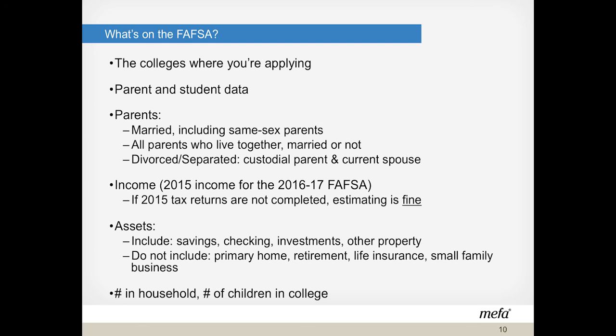There are some students who qualify for what we call independent status or as independent students. And those students don't need to report parent data on the FAFSA. But this is a very small group of students and they have to meet certain criteria. They might be married, active duty military, perhaps they're an orphan, in legal guardianship, an emancipated minor.